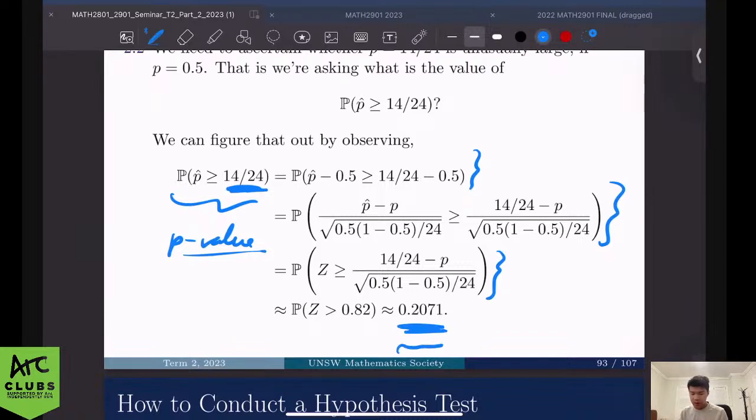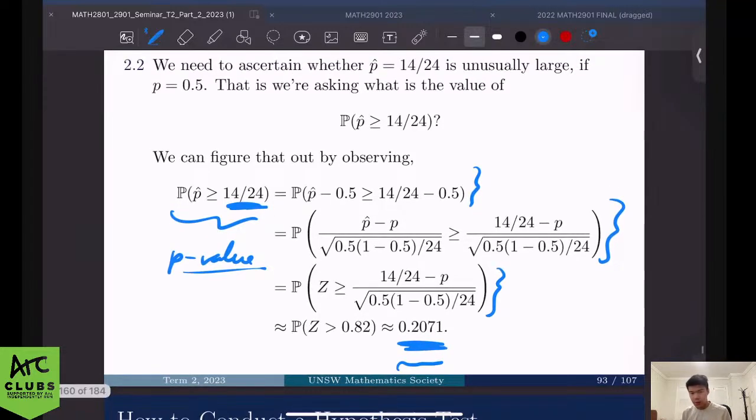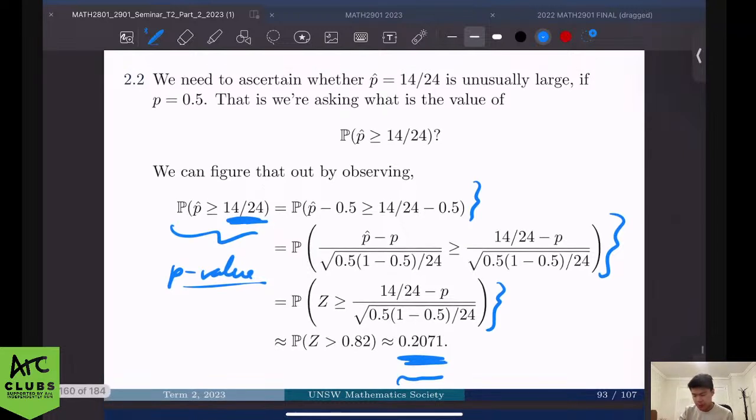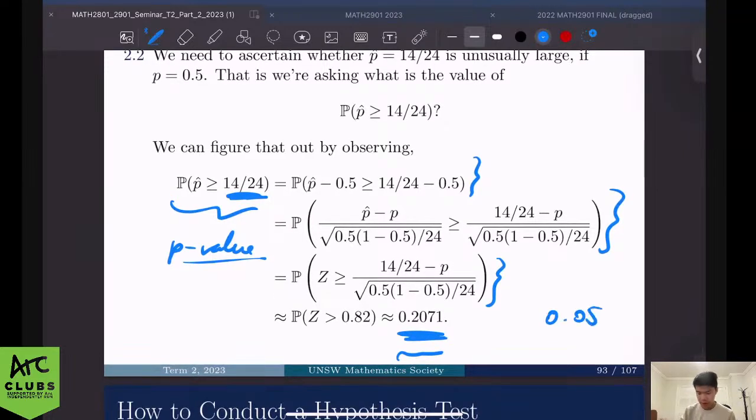In other words, 20% of the time you'll get a proportion bigger than 14 out of 24. That seems pretty reasonable, right? If we're getting something similar to this 20% of the time, it's not that unlikely. Usually we set our significance level at 0.05. It's greater than 0.05, so we don't need to reject the null.